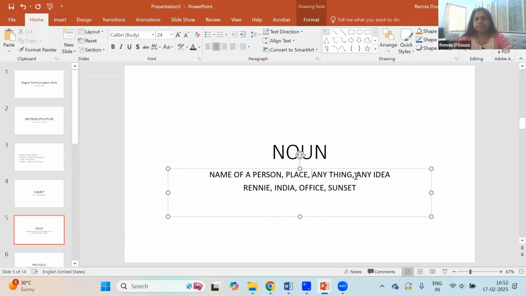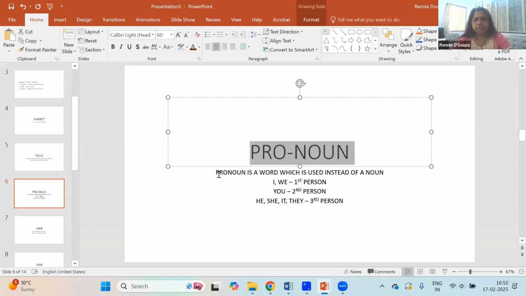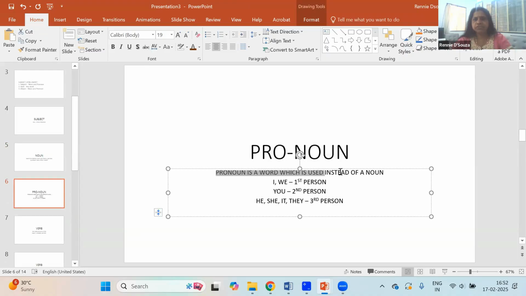And we have seen with example that name of a person, for example, Rennie is the name of a person. India is the name of a place. Office can be anything. Then pronoun.